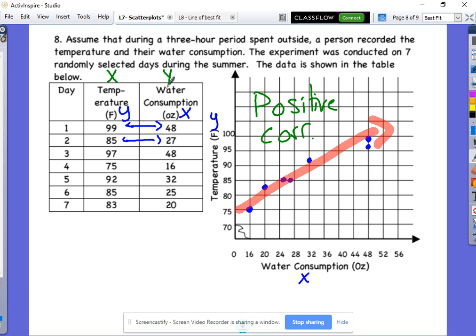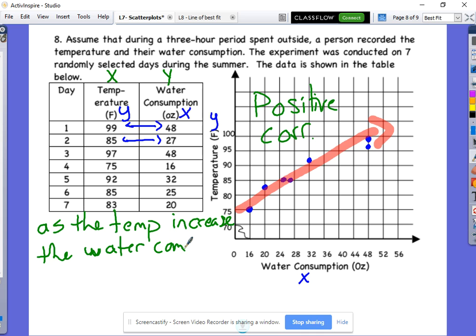So that's our conclusion: as the temperature increases, the water consumption also increases.